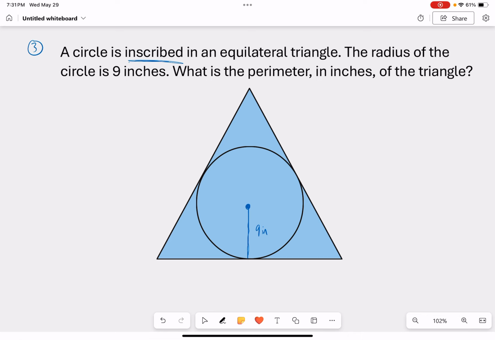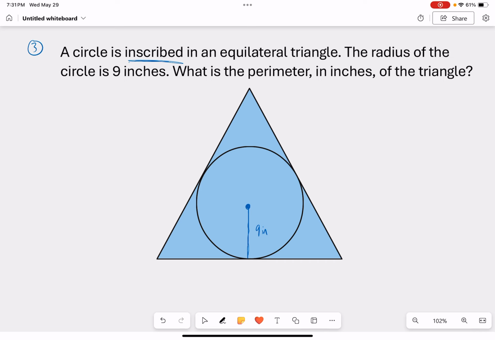The question was, what is the perimeter in inches of the triangle? So I need to figure out a way that I can get the side of a triangle. Well, I can connect one of the vertices of the triangle to the radius.